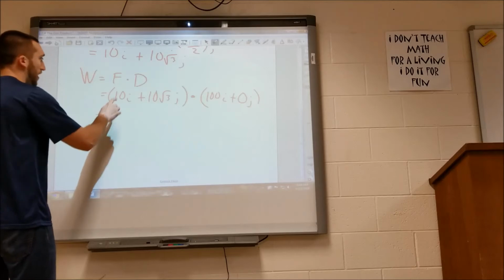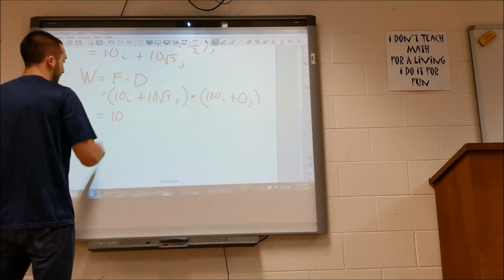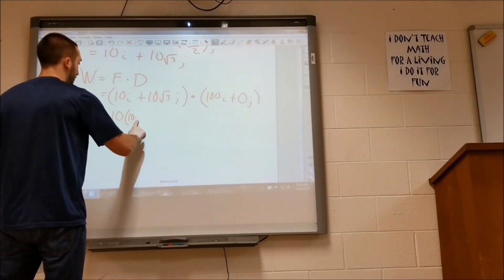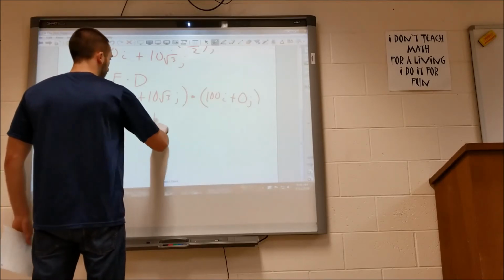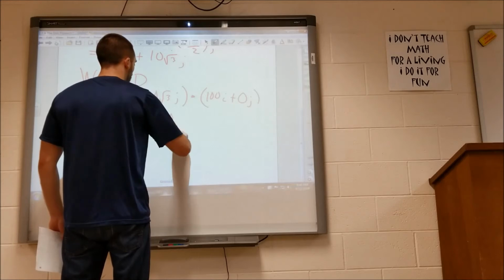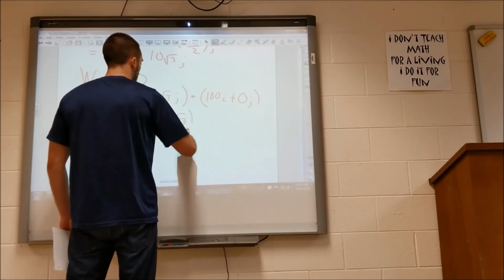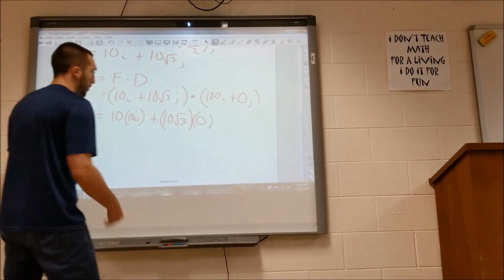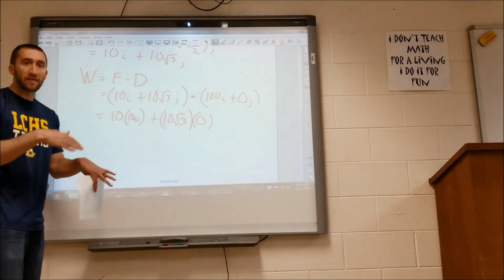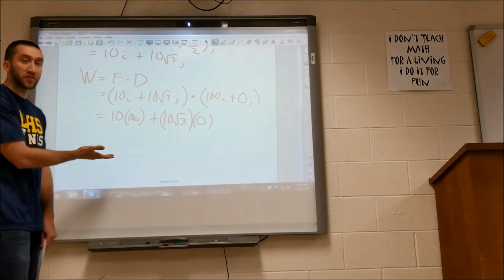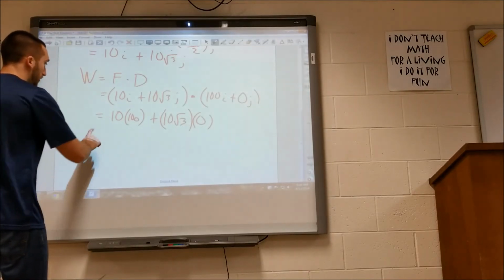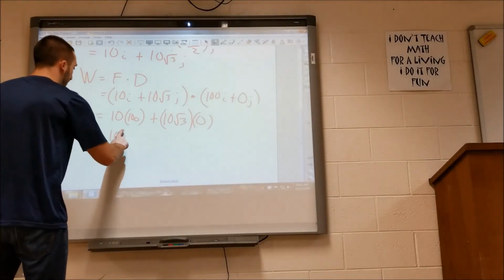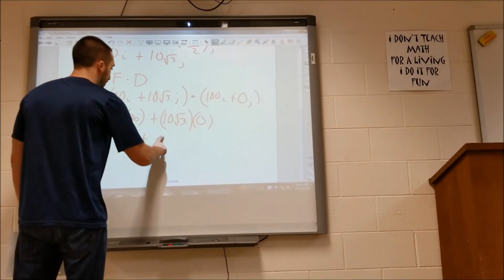So when I do the dot product, I get 10 times 100 plus 10 radical 3 times 0. Remember, when we're doing the dot product, we no longer have our i and j components. We're going to end up with a scalar number, just a constant. Okay, so 10 times 100 is 1,000. Anything times 0 is 0.